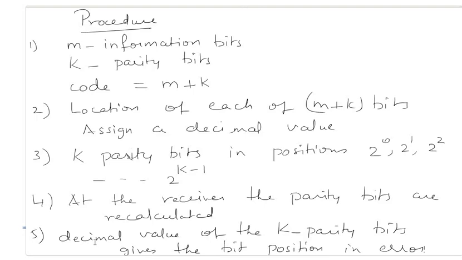So this is the procedure to find out which bit position has an error. This is how we calculate single bit errors and correct them by using this error correcting code. In the next session, we'll do one example based on this single bit error correcting code.